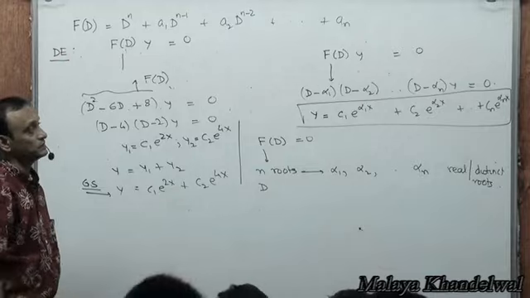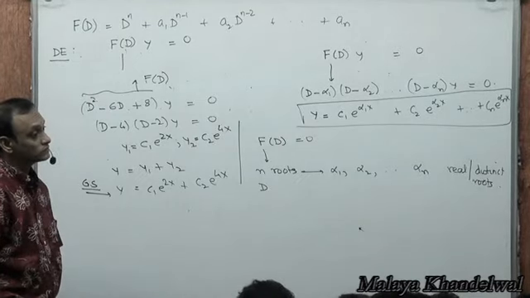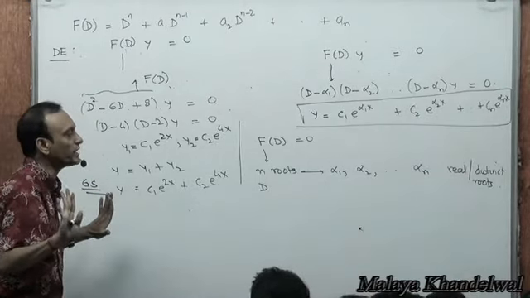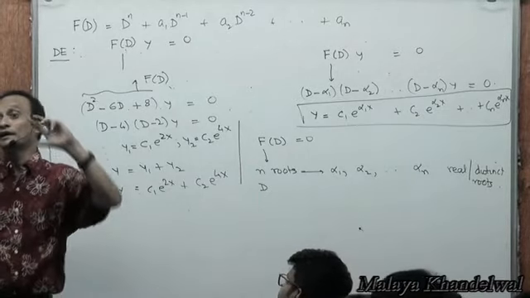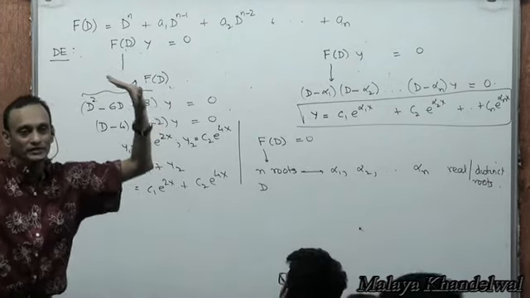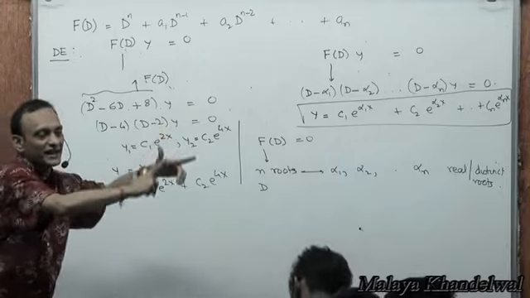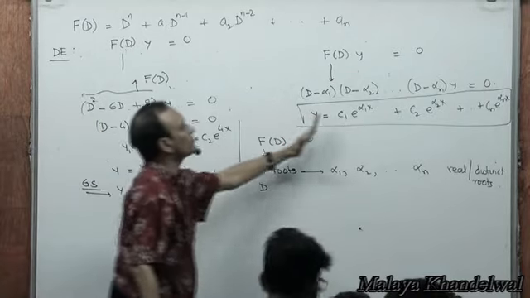Give me a few minutes, I'm coming to all cases. Right now I'm looking at the simplest case, alpha 1, alpha 2, alpha n, which are real and distinct roots of F(D) imagined to be a polynomial. Based on that, I factorize it, but eventually I use them as operators acting on y.